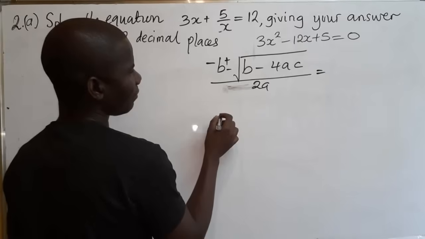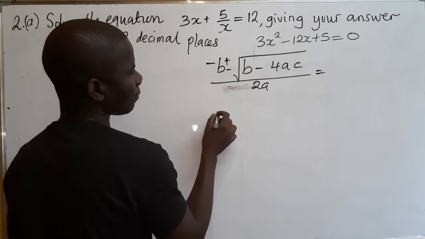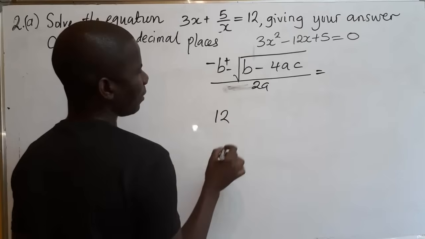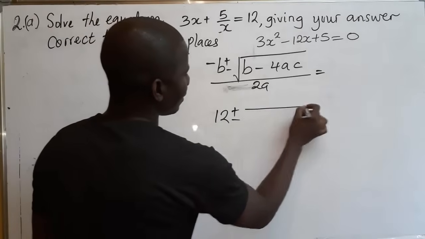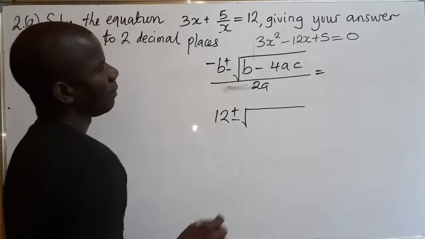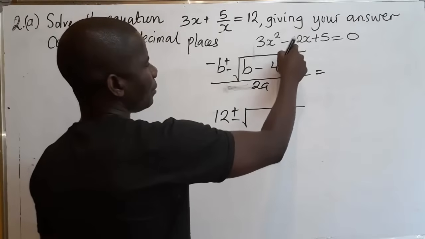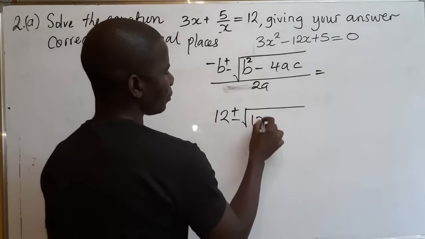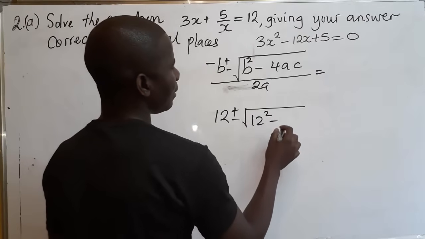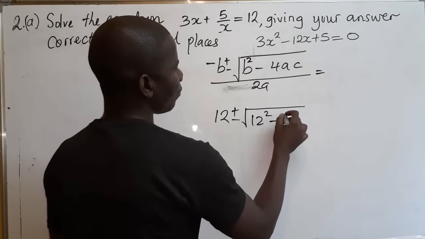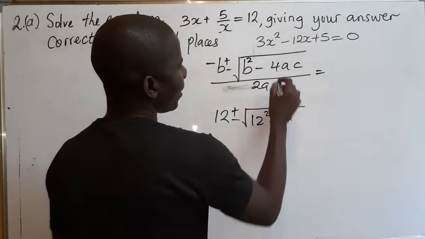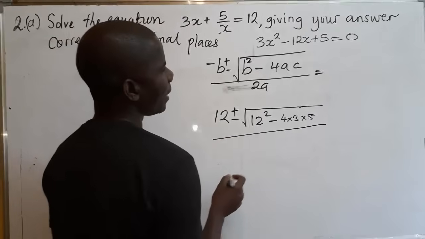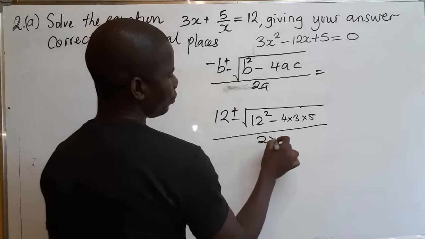So we are going to have 12 plus minus the square root of, this is supposed to be squared. Take note of that. So 12 squared minus 4 multiplied by a, which is 3, multiplied by 5 there, over 2 multiplied by 3.